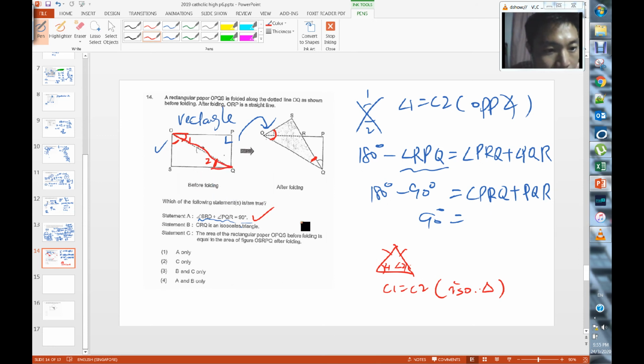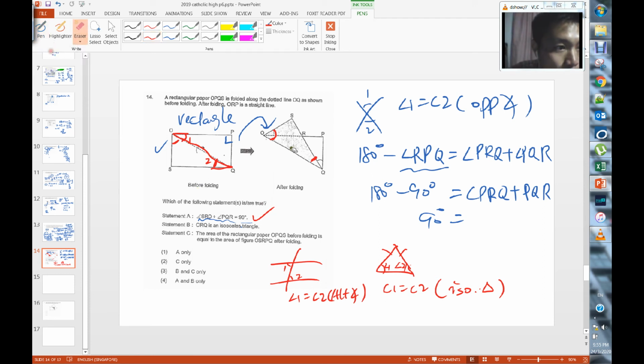your Z. If you remember, you have parallel lines, and this angle 1 is equal to angle 2. You use the alternate angle rule. So therefore angle 1 is equal to angle 2 here.